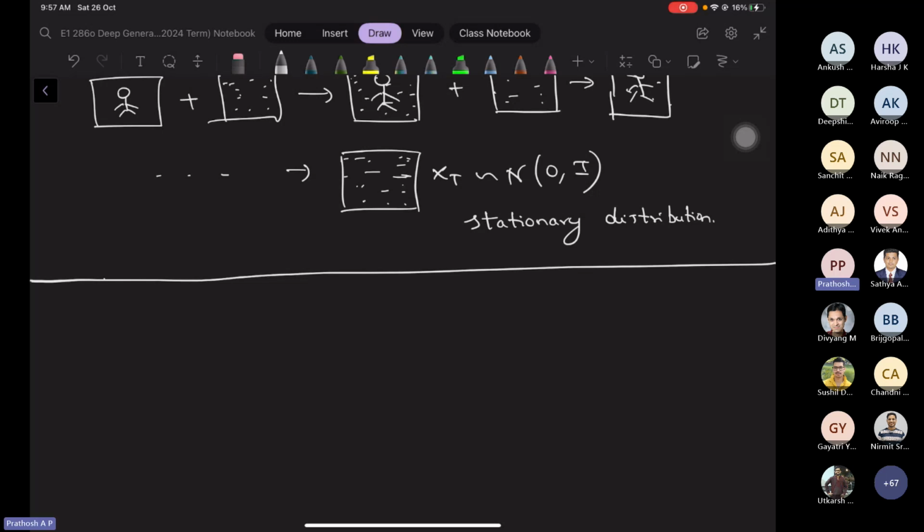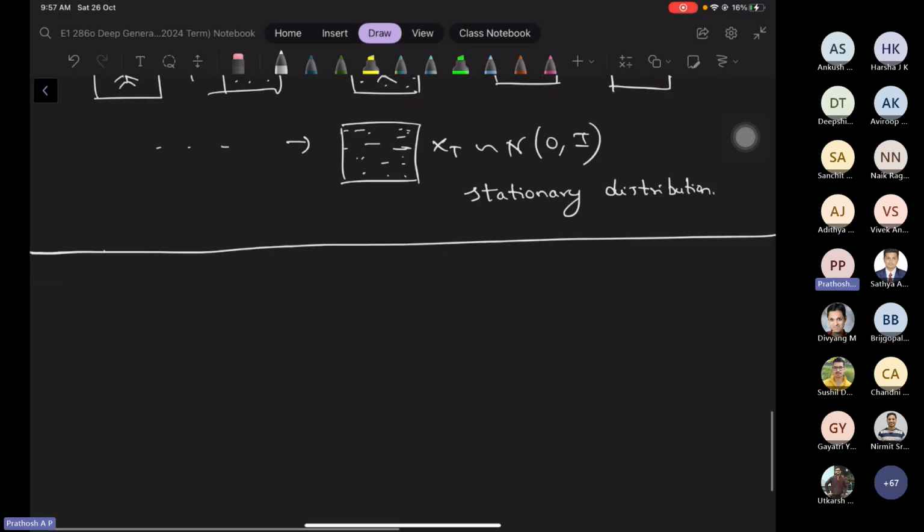I'll give you the high level idea of what we will do today, and then I will run through the math. The algebra is a little involved, but it's not difficult. Now, we have an encoding process. This is a fixed encoding process given by the following.